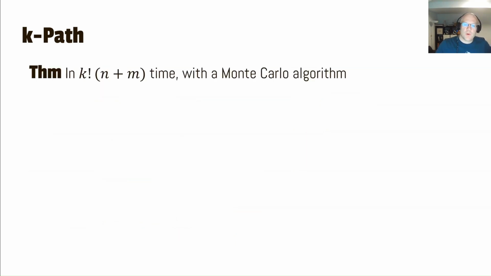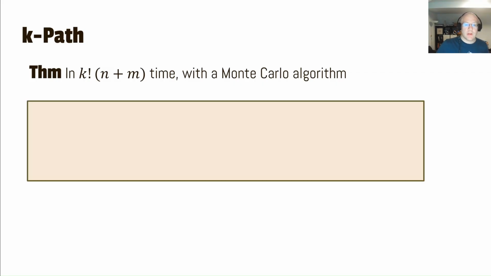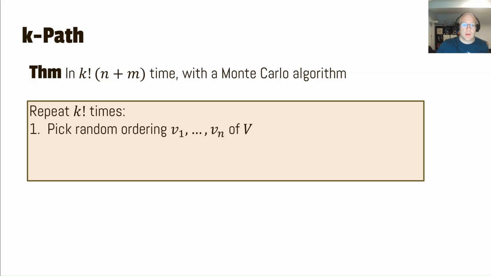Now, it's already a pretty neat observation that there exists an algorithm with such a running time, and actually f of k will be k factorial. And the algorithm is really cute and it fits in this box. So what you do is you repeat the following k factorial times. You pick a random ordering of the vertices that you call v1 to vn. So we are working with the directed version of the problem here, by the way.